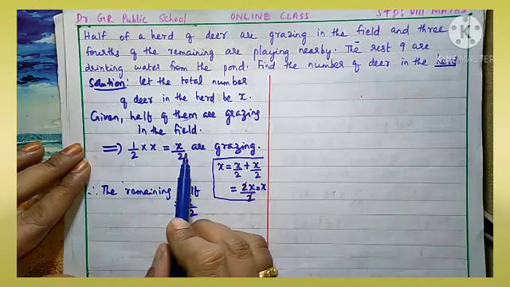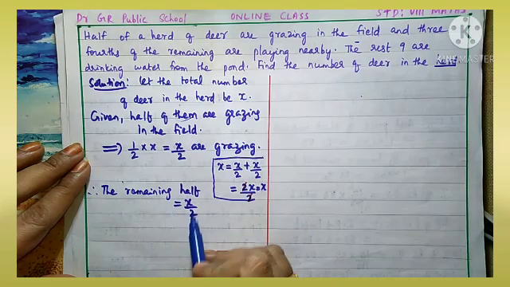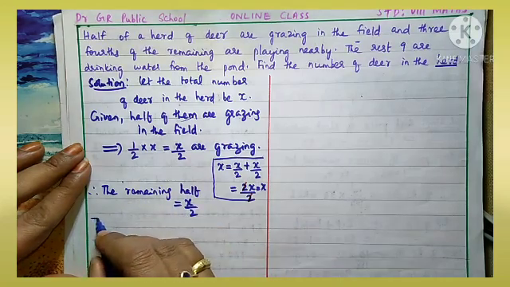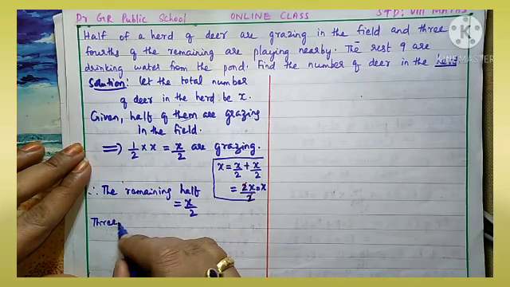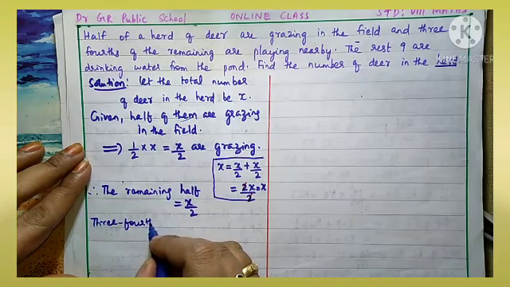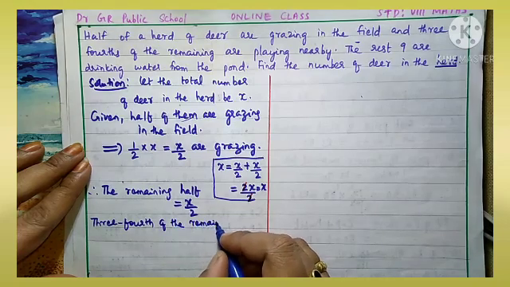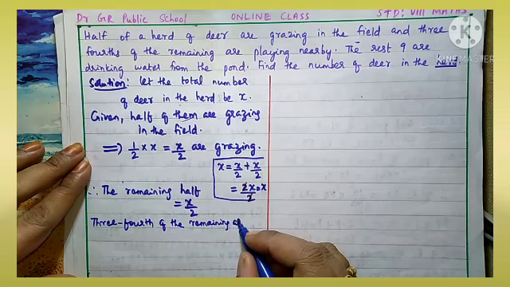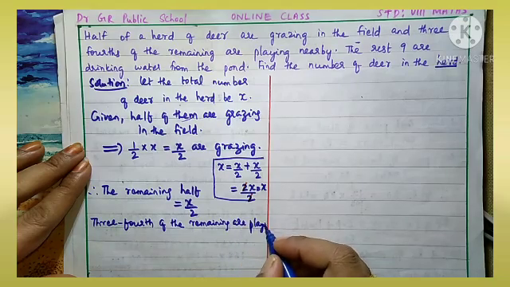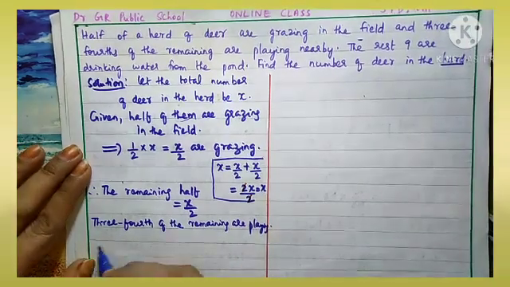Understand? So 1/2 are grazing. The remaining half is this remaining x by 2, and 3/4 of the remaining, what are they doing? They are playing. Correct?